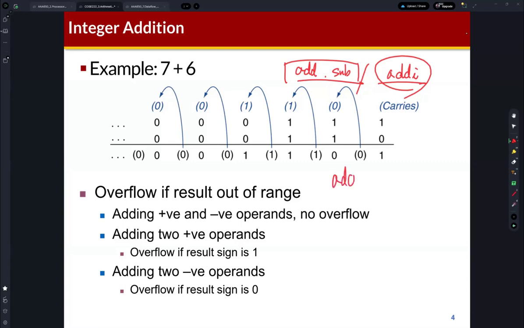Because the immediate number is a signed number, so if we use a negative number for the immediate field, then it's subtraction. That's why RISC-V has only addi, not subi. There's no subi instruction in RISC-V, but it does have the sub instruction.